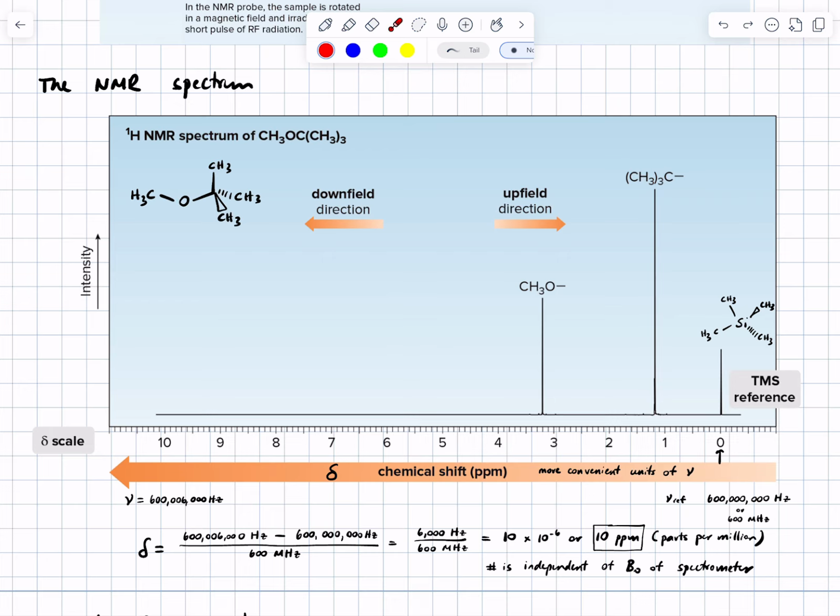And at about 3.2 ppm, you see the protons that are from the methyl group on the oxygen. How do we know that this peak is characteristic of the protons on the carbon that's adjacent to the oxygen, whereas this peak is characteristic of the methyls that are on the tert-butyl group? Two things. First, the frequency or chemical shift, and second, the area under the curve.